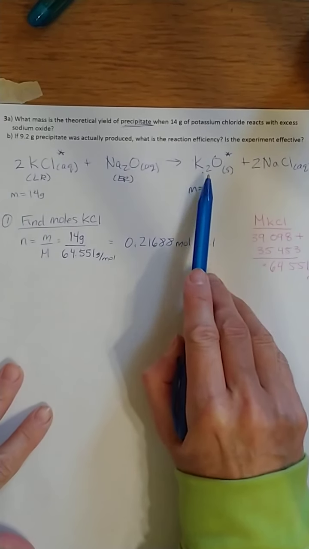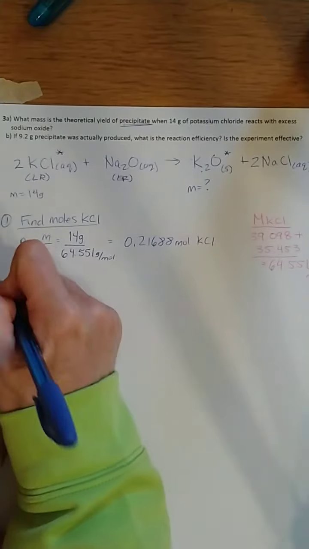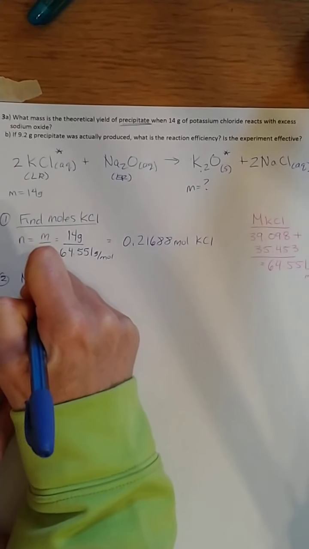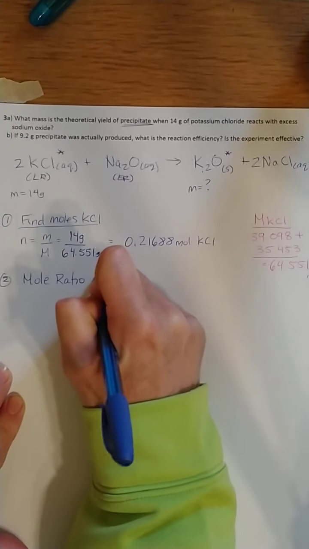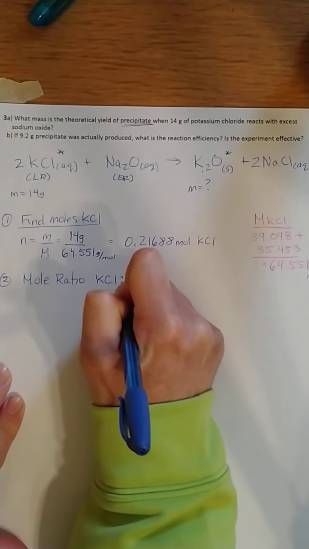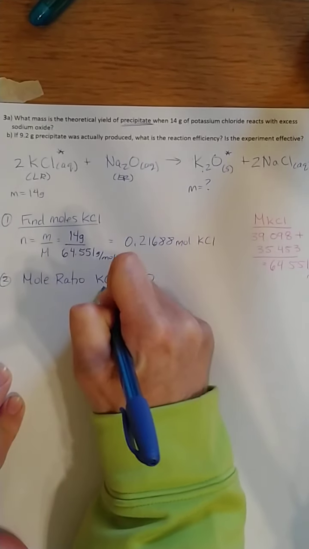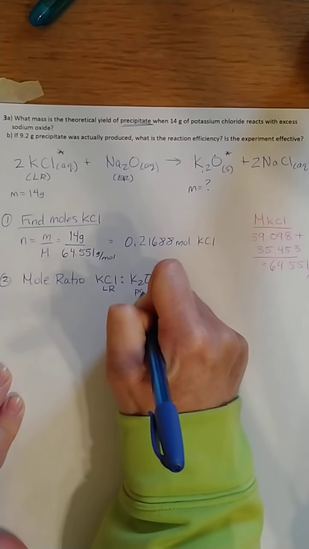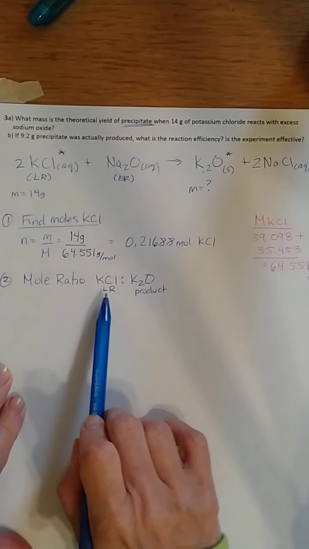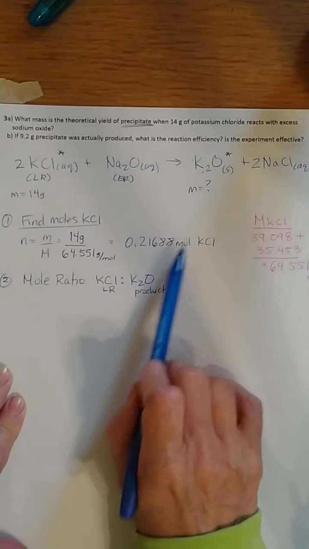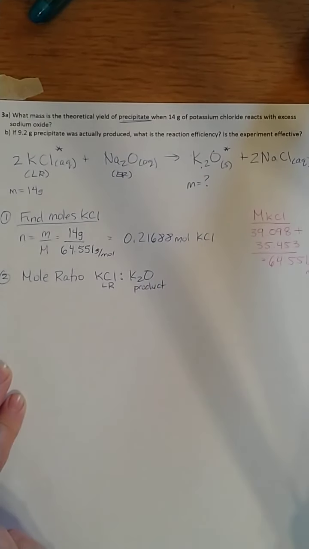Well, now that we have the moles of KCl, let's use our mole ratio to get our moles of K2O. So that's the second thing we're going to do, is our mole ratio. And the mole ratio will be for KCl to K2O, LR to product. Okay, and in the fraction, the product always goes on the top, the LR always goes on the bottom, so that we can cancel out those LR moles.